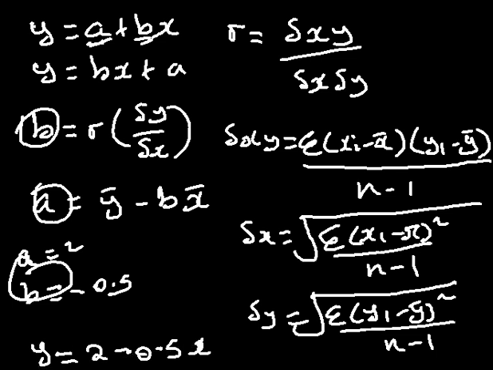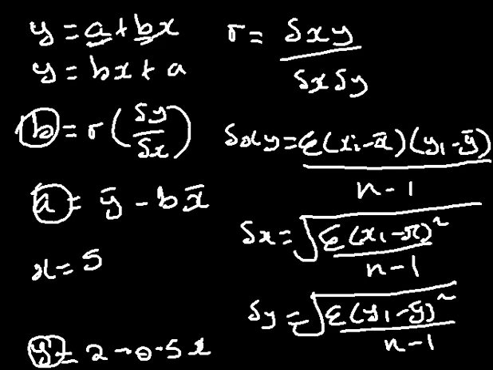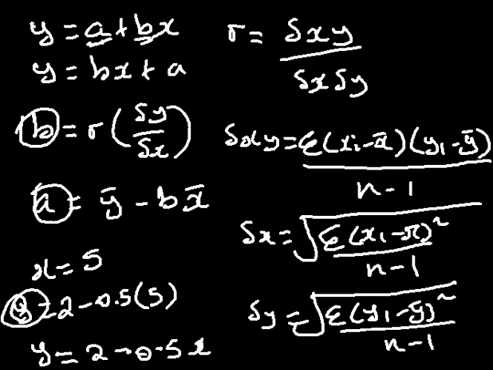In some cases, upon having the equation, we can be asked for the value of the dependent variable. If x is given as 5, how can you get y? We simply substitute: y is equal to 2 minus 0.5 times 5, and you get the value of y.